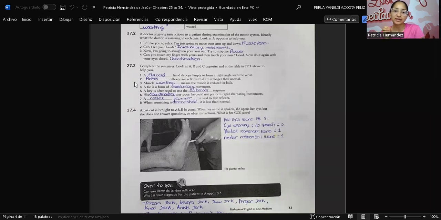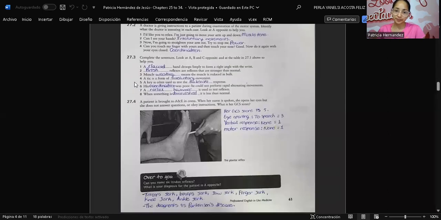27.3. Complete the sentences. Look at A, B, and C opposite and at the table in 27.1 above to help you. Number 1, a flaccid hand droops limply to form a right angle with the wrist. Brisk reflexes are reflexes that are stronger than normal. Muscle wasting means the muscle is reduced in bulk. A tic is a form of involuntary movement.